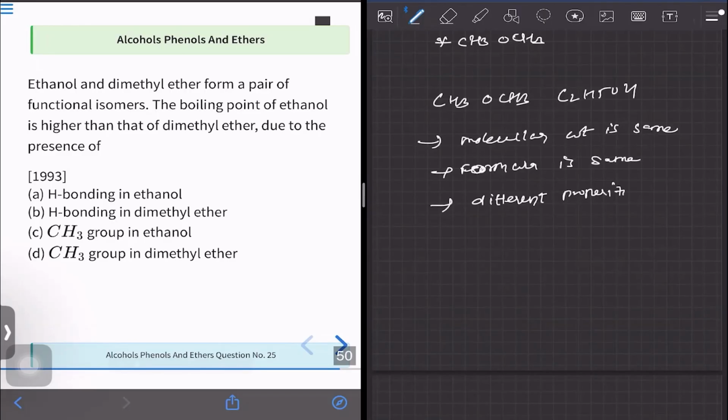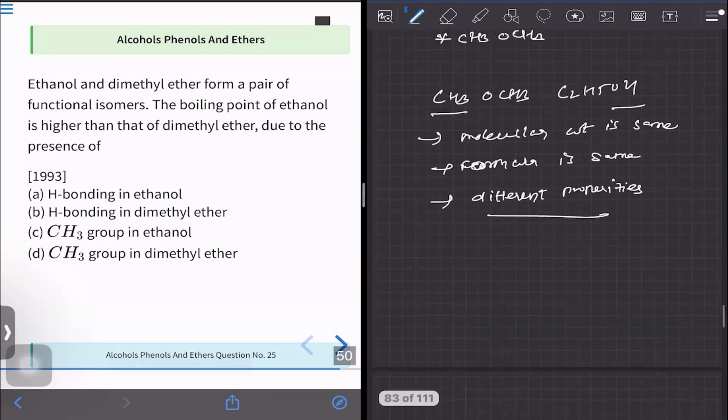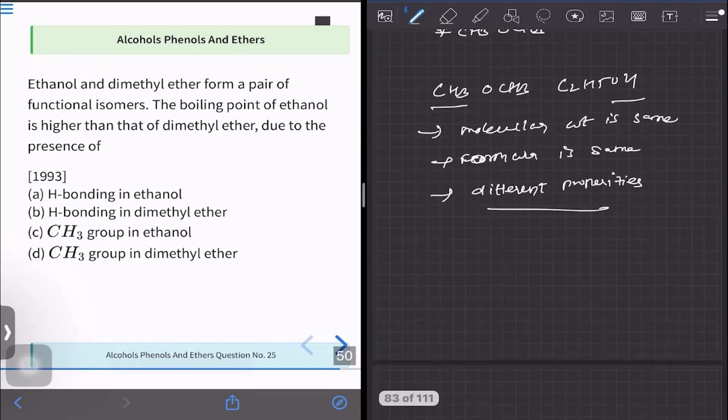The presence of the CH3 group doesn't make any difference because they both have the same number of groups. So option A is correct.